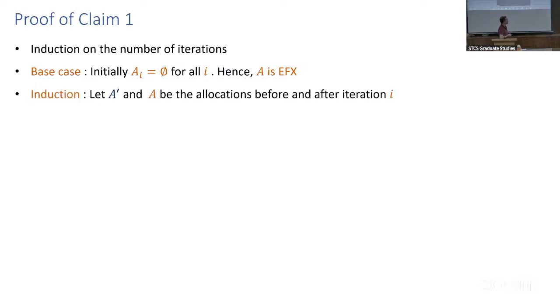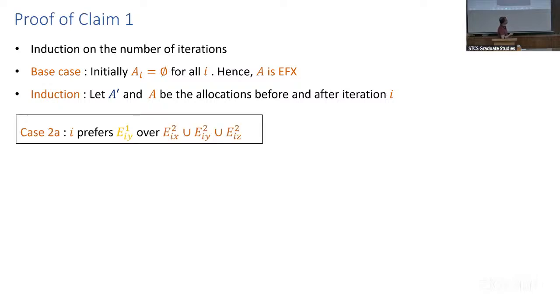Let's prove this via induction on the number of iterations. The base case is easy because initially the allocation was empty, so it is trivially EFX. Let's prove the induction step. Let A prime and A be the allocations before and after iteration i. A prime is highlighted in blue and A is highlighted in orange.